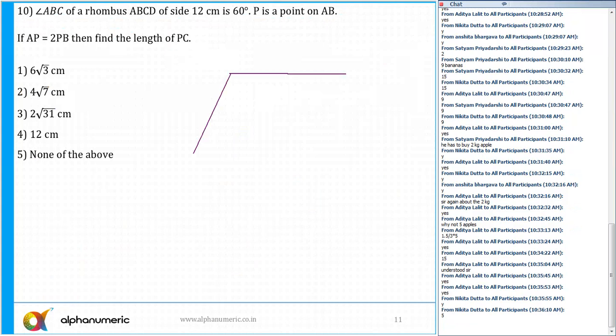So ABCD is a rhombus of side 12, and angle ABC is equal to 60 degrees. So I'll just mark the angles here. Angle ABC is 60 degrees. So this is A, B, C, and D.